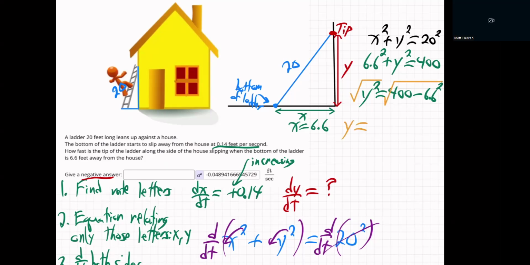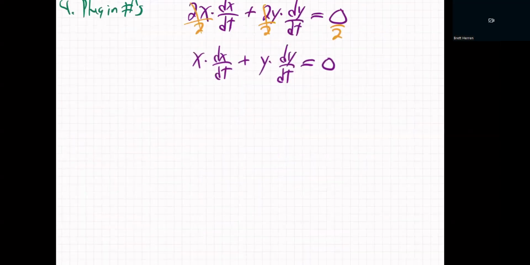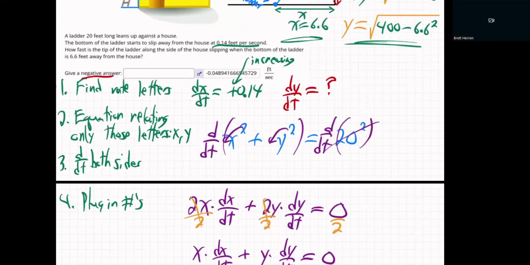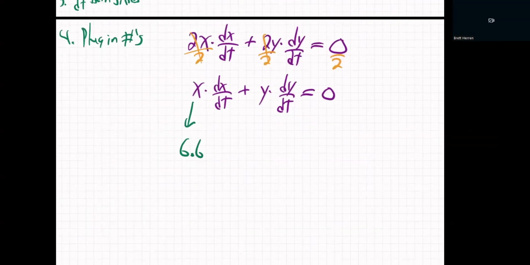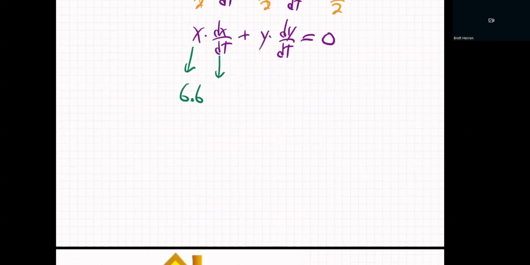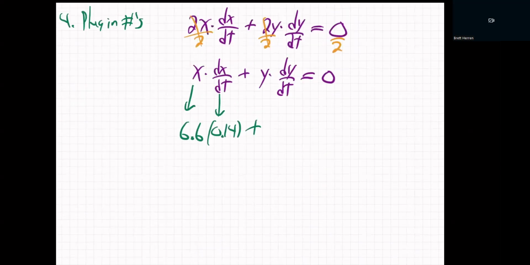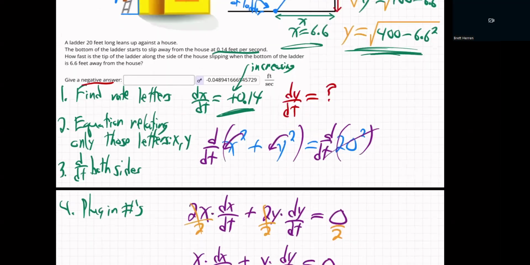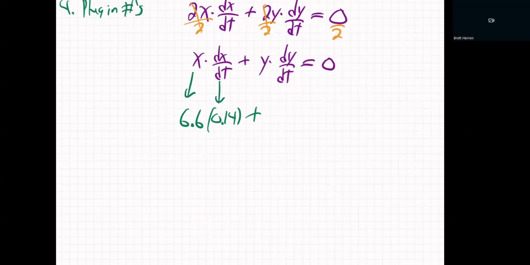So y is the square root of 400 minus 6.6 squared. So I got y, I got x. Let's do it. x is 6.6, dx/dt is 0.14, plus y, which is the square root of 400 minus 6.6 squared.